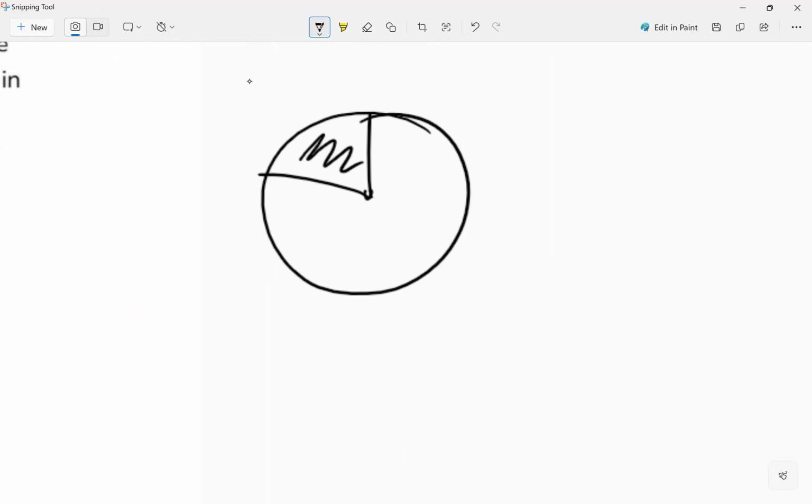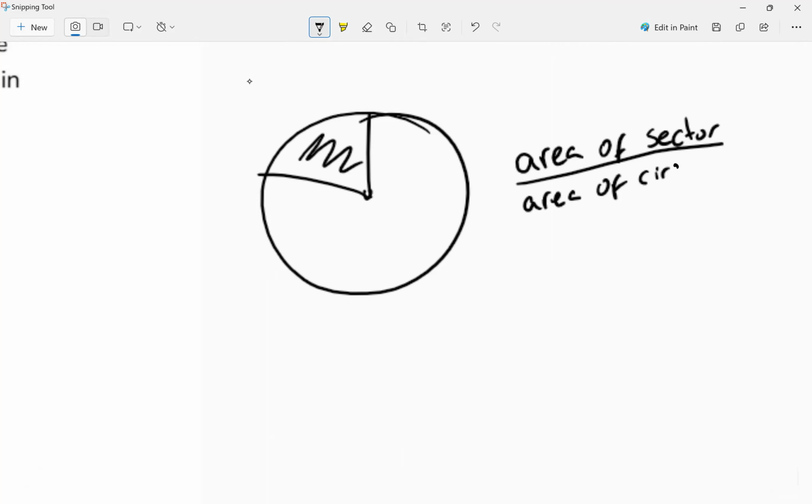The area of the sector, which people call sector area to make it smaller, divided by the area of the circle, gives us a fraction.